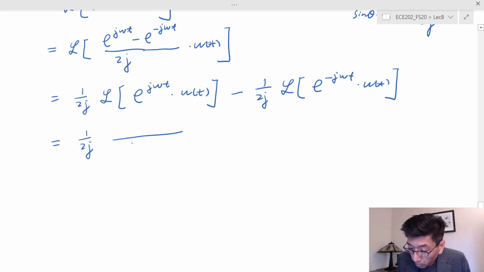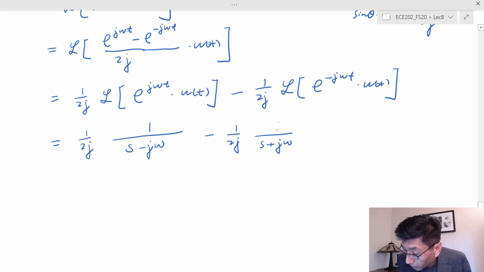So we replace that s by s plus alpha, replace that s by s minus j omega for the first term, right? And the second term here is 1 over 2j, and we replace that by s plus alpha. In this case, alpha is j omega, so s plus j omega.